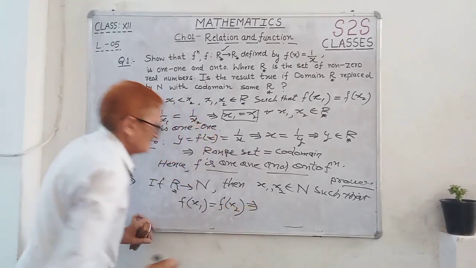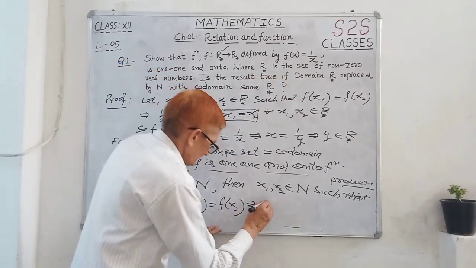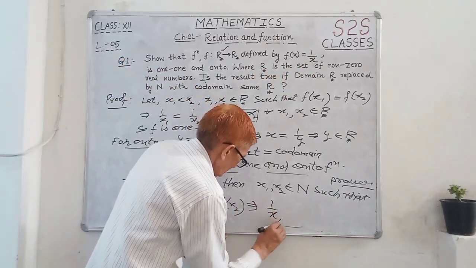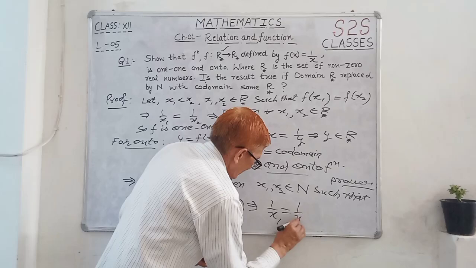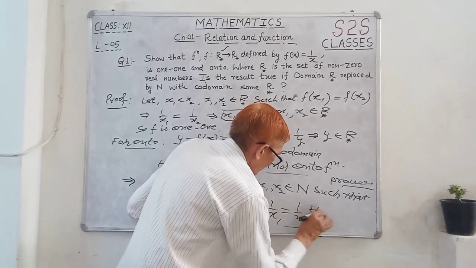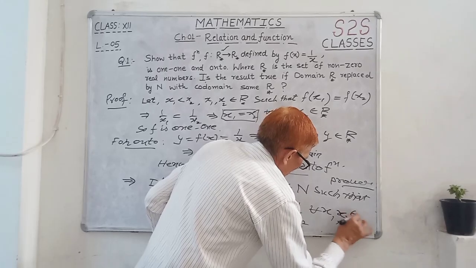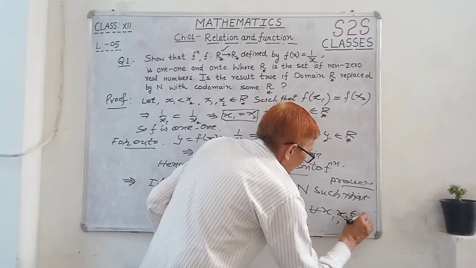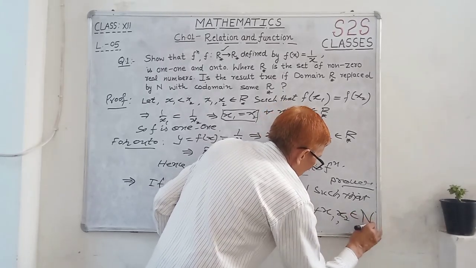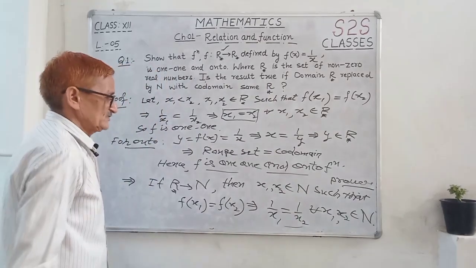This implies 1 upon x1 is equal to 1 upon x2, for every x1, x2 belonging to natural numbers, if domain is replaced by natural numbers.